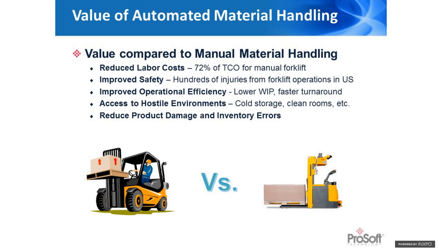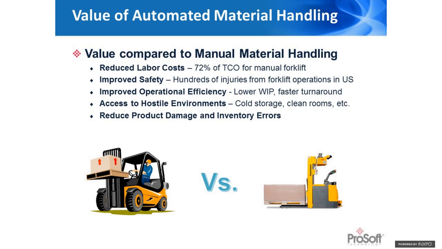Reducing labor costs is one big factor in why industrial manufacturers and warehouse owners choose automated vehicles. 72% of the total cost of ownership for a fork truck is just the labor to drive it. So just eliminating that cost makes a significant difference in an automated versus manual material handling.